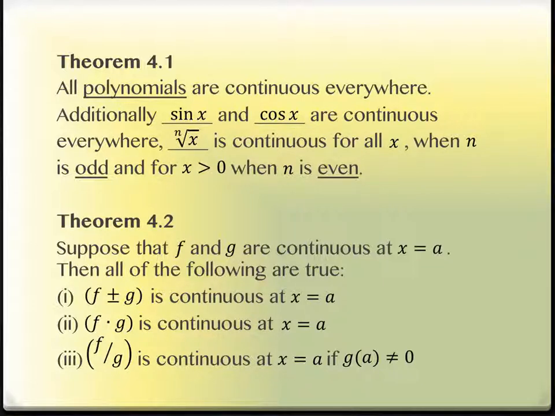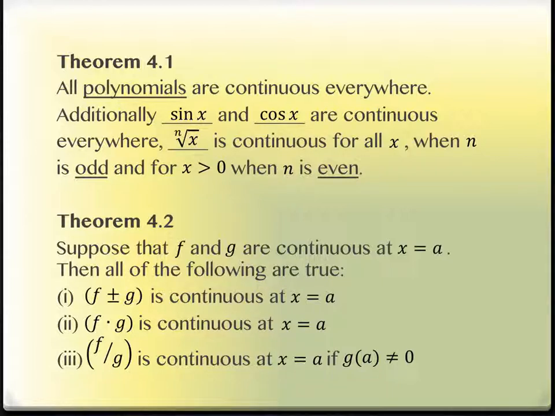And so is the nth root of x. So like square roots, cube roots, fourth roots, things like that. As long as, and it works anytime that n is odd, so cube root, fifth root, seventh root, okay? And then it works anytime n's even as long as you have positive values underneath the radical. So you're only looking at the x is greater than 0 values. And we talked about that from a limit point of view before.